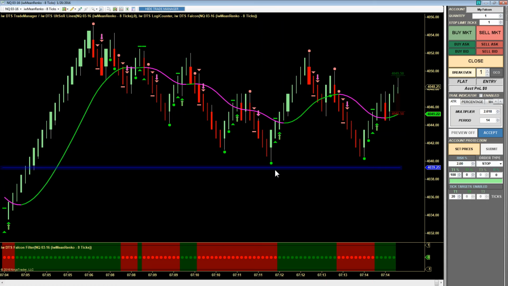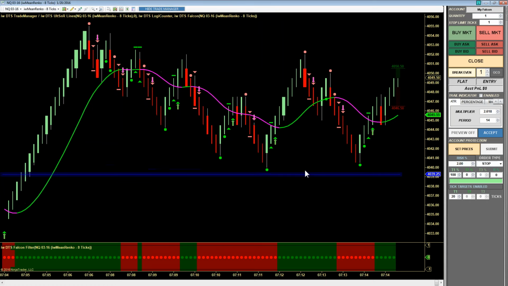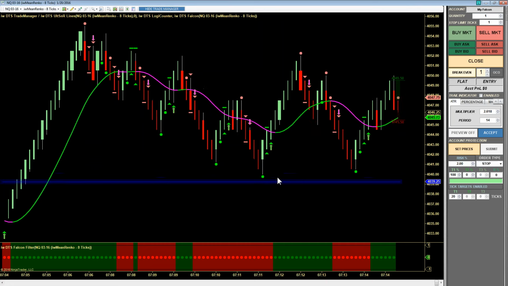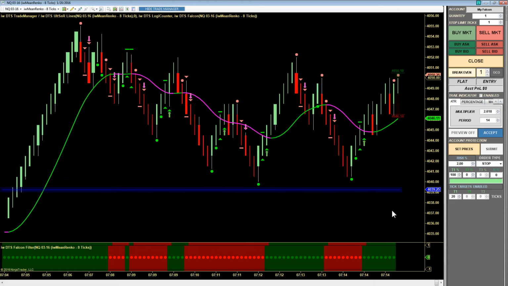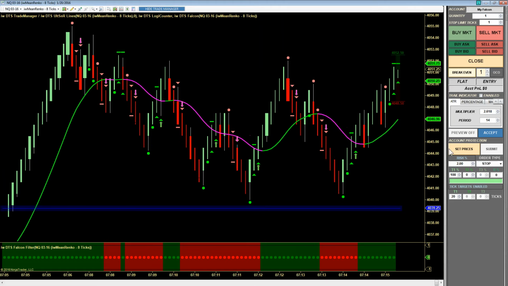These are very customized support and resistance lines. They're actually based on the price action that's been in the market. I'm quite proud of these. These took a long time to figure out, but I'm very pleased with how they work.